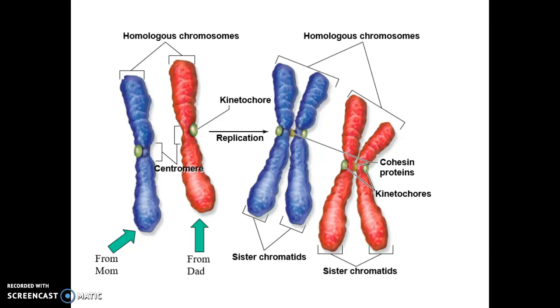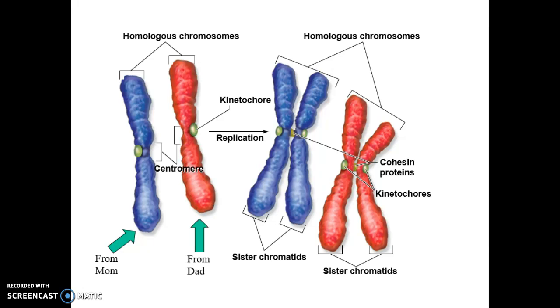Now, after they go through replication, then we have two blue lines, or what appear to be a blue X, and those are going to be called sister chromatids, because the blue line should replicate itself and form the blue X. The red line should replicate itself and form the red X. The X-like structures are also referred to as homologous chromosomes, or you could refer to them as sister chromatids.